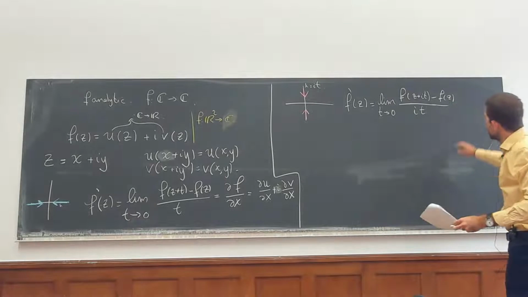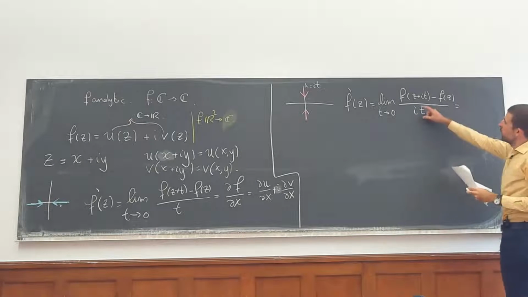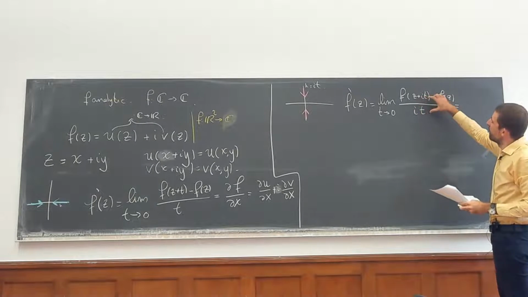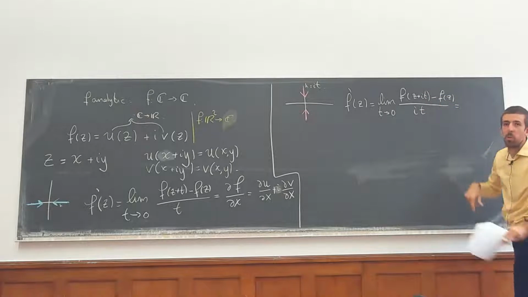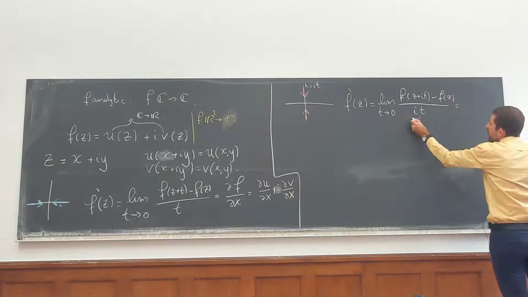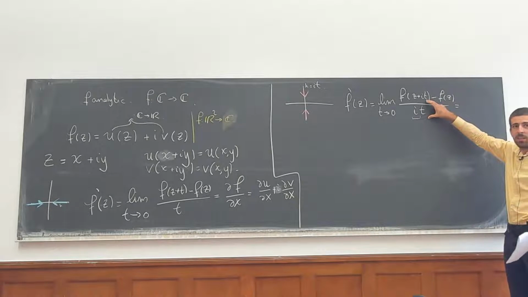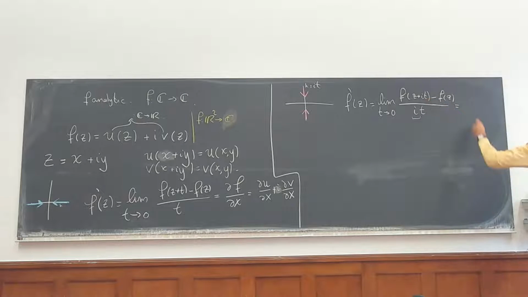But if you think about this, this is 1 over i times the partial derivative of f with respect to y, because there's this i here. I'm changing the imaginary coordinate by t. And this is where things get interesting.